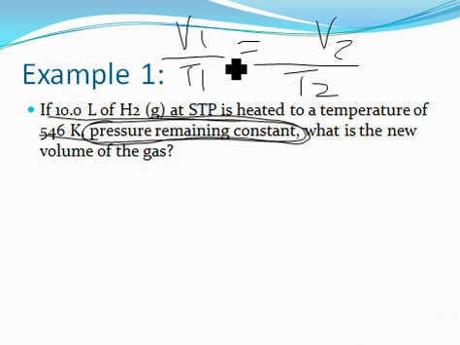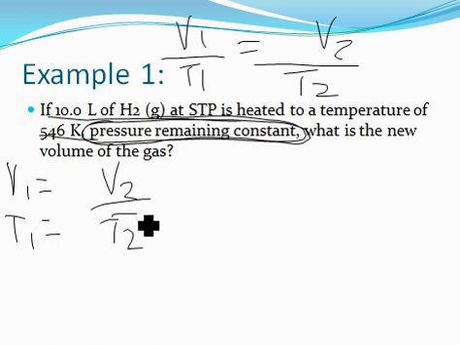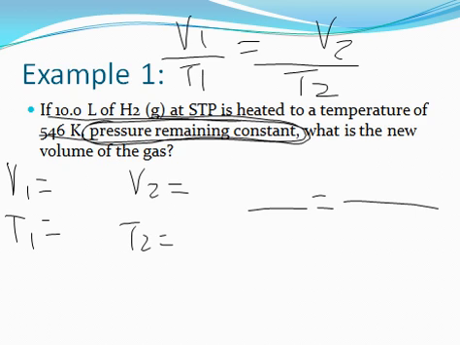Just like we did with Boyle's law, it's good if we could write down our variables. So let's write out what everything is. Okay, so our initial volume is 10 liters of gas.